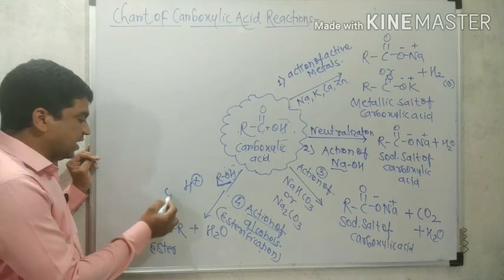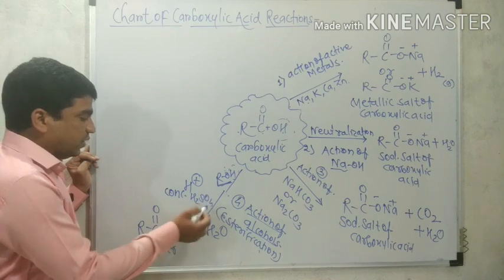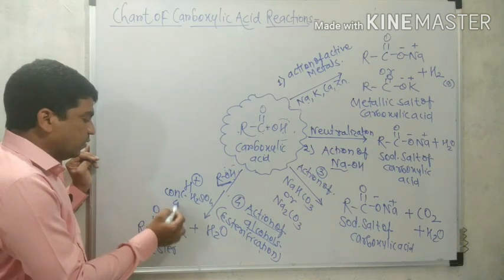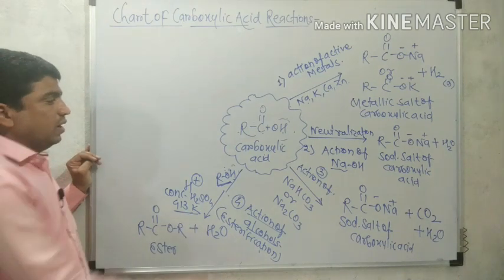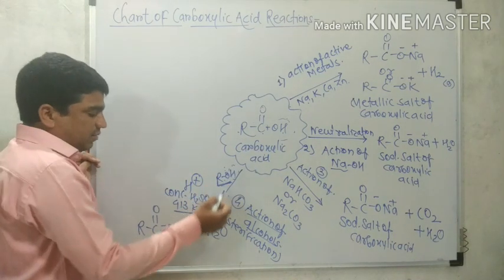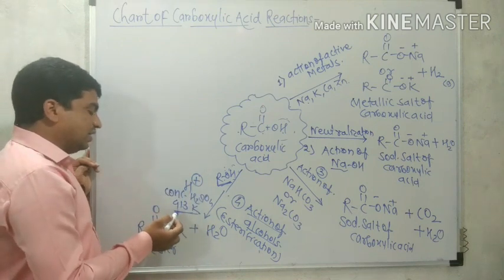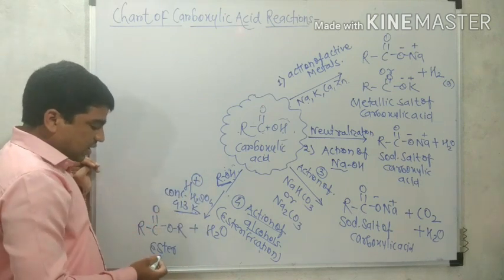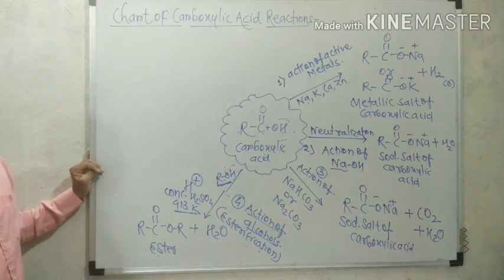It means H plus can be concentrated H2SO4 and the temperature needed for the process is 413 Kelvin. So when carboxylic acid reacts with alcohol in the presence of concentrated H2SO4 at 413 Kelvin, the product is an ester. Therefore, the reaction is called esterification reaction. That is reaction number 4.